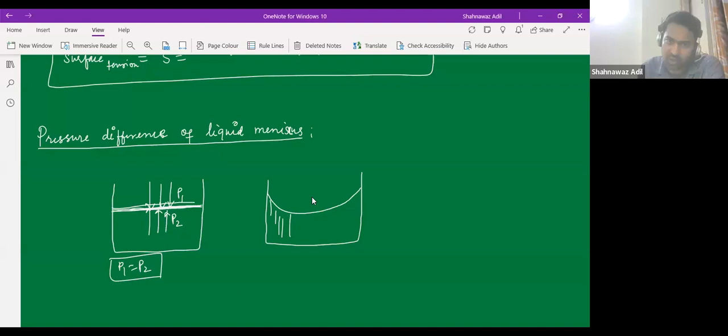What can you guys tell me about P1 and P2? Which one is more? Yes, what do you guys think about the pressure?